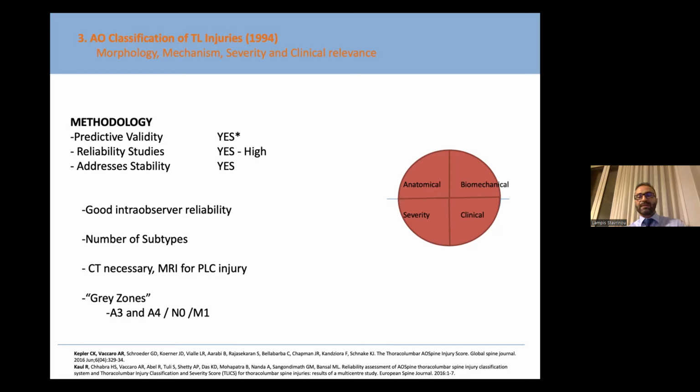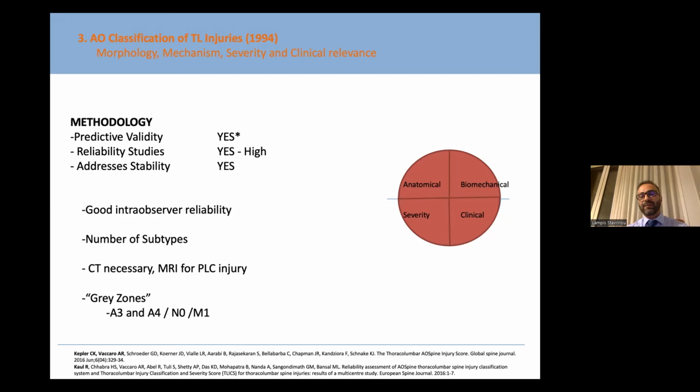Now, the problem is probably a little bit the number of subtypes. Again, right, there are a few, not as many as the Dennis or the Magerl classification, but there are a number of subtypes that can complicate things. It necessitates CT and quite likely also MRI to appropriately assess the posterior ligamentous complex.